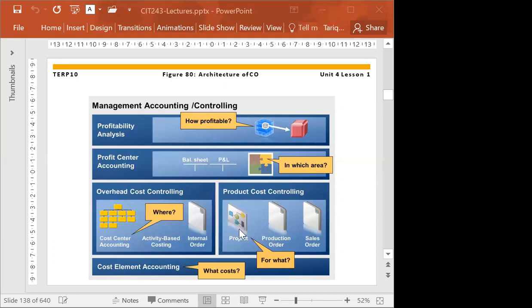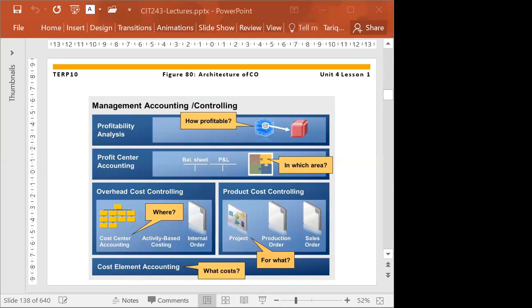Similarly, we have something like activity-based accounting. This is an interesting concept. I'll talk about that after the internal order. Internal order is similar to the cost center, but it is temporary. It collects the cost, and at the end of the day, you can distribute the cost.